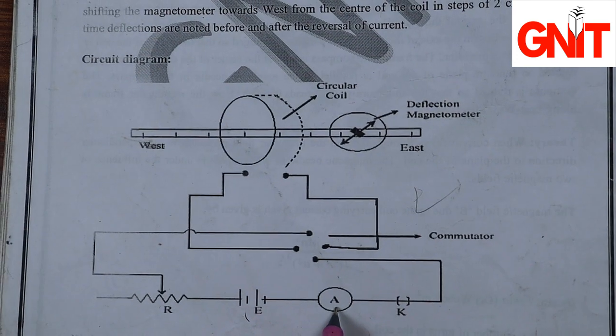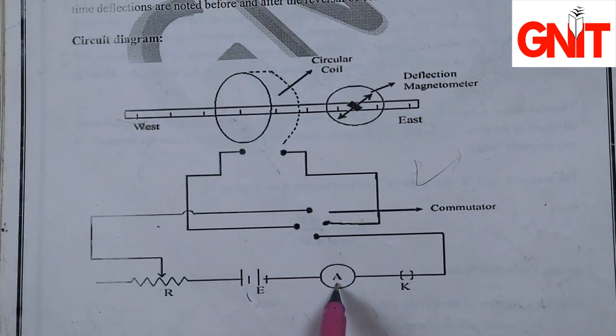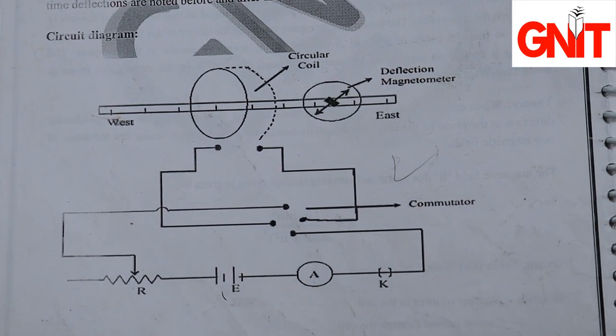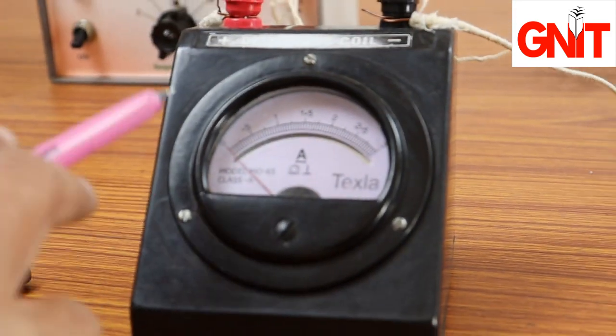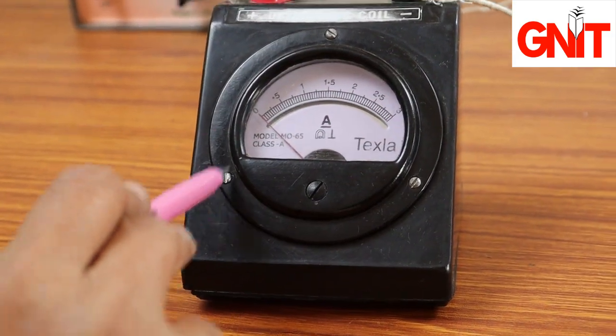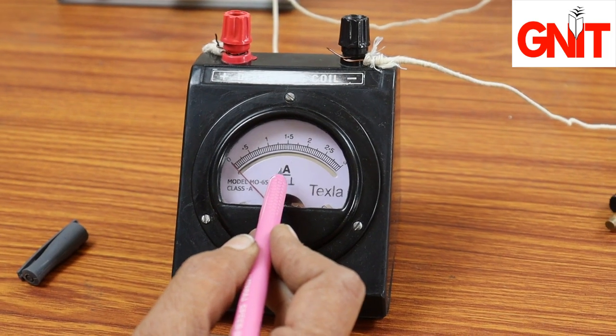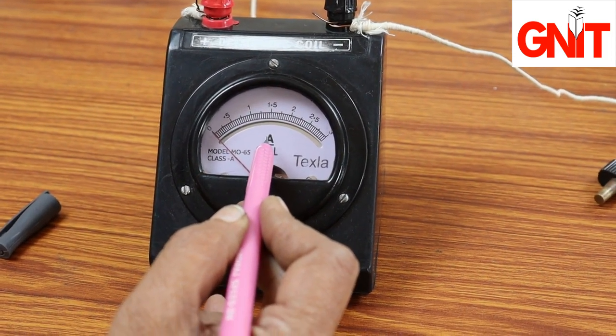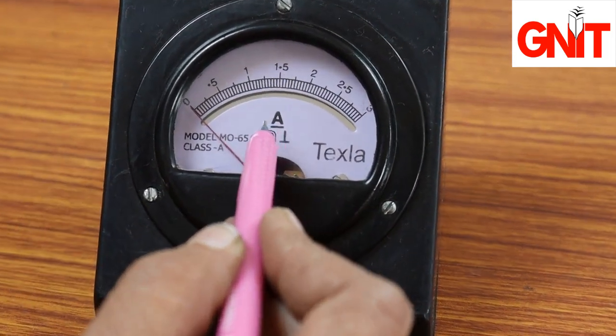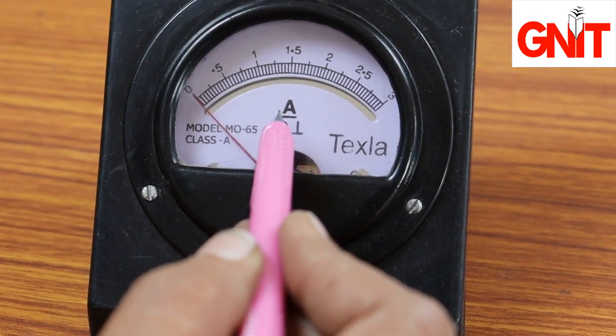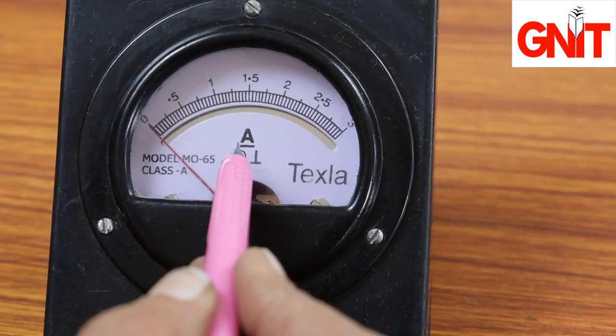And A is written here. This is an ammeter which we are using in this experiment, and you can see the symbol capital A here, and below A you can see a straight line. That means it measures DC.